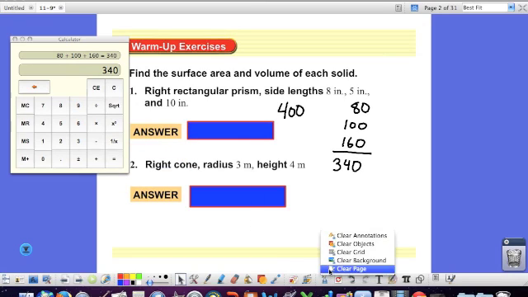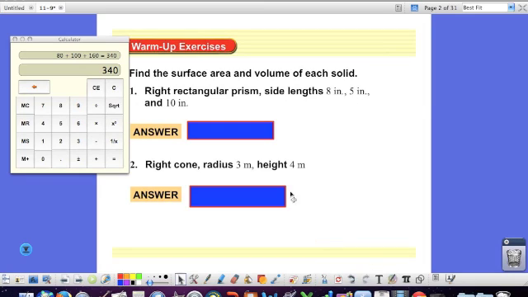Now we have the right cone, which has a radius of 3 meters and a height of 4. First we're going to do the volume. 3 squared is 9. 9 times 3.14.